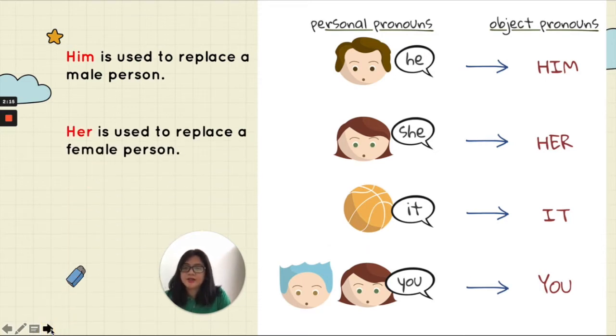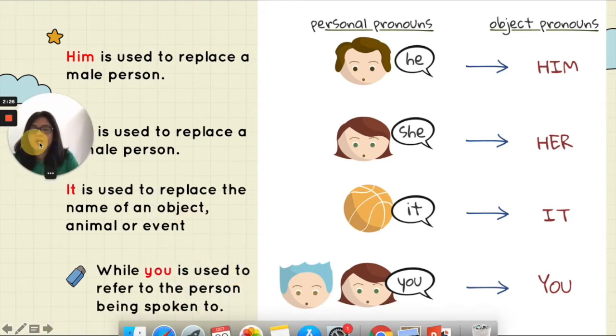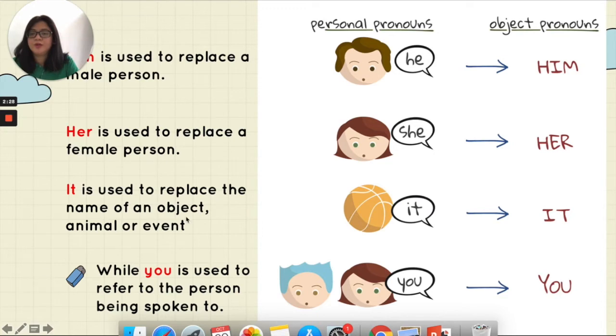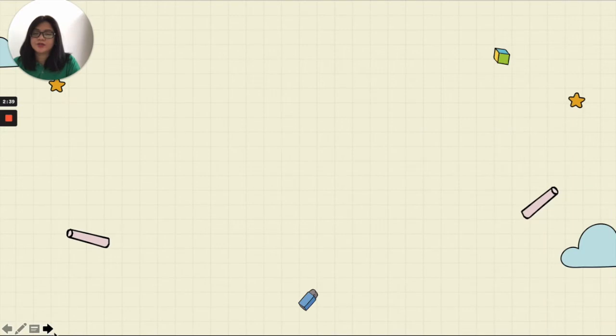Her is used to replace a female person or the female noun. It is used to replace the name of an object, animal, or event. And you is used to refer to the person being spoken to. When you use you, it can be for one noun or for a lot of nouns.